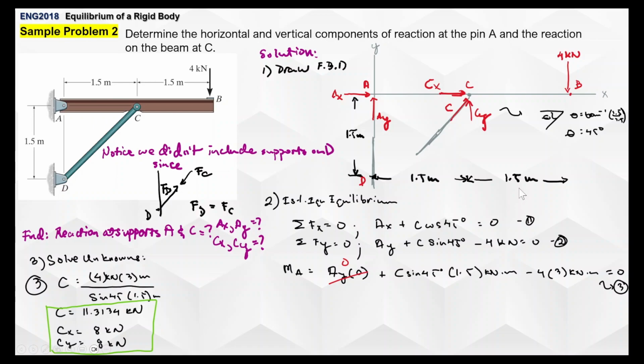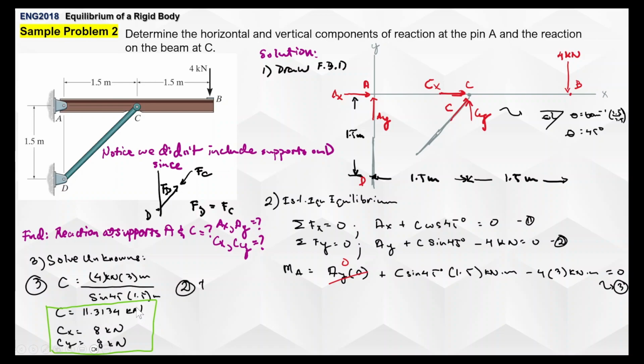The x force is simply cosine 45 degrees, and Cy is simply C sine 45 degrees, which is 8 kilonewtons. If you get the sum of the squares and the square root of it, you will get 11.31 kilonewtons.